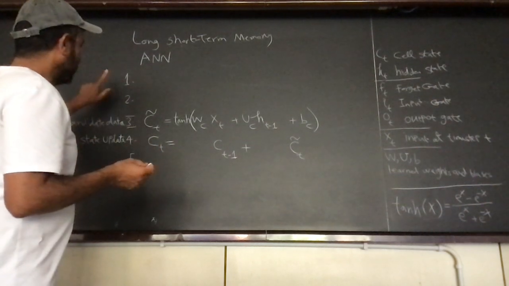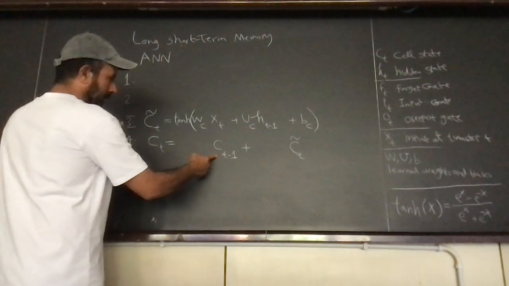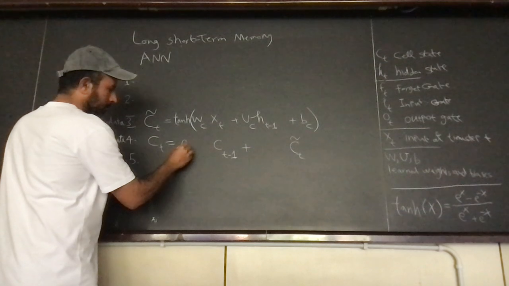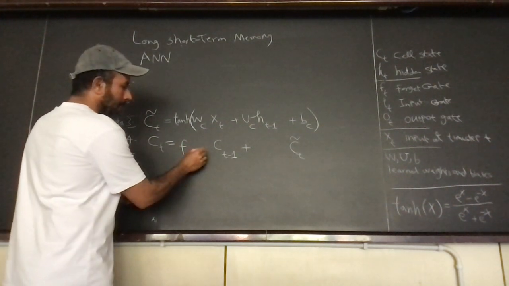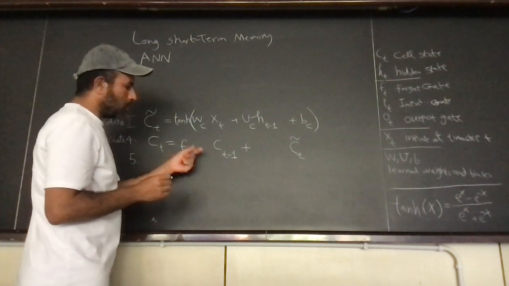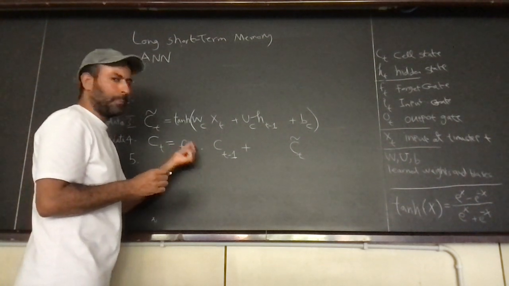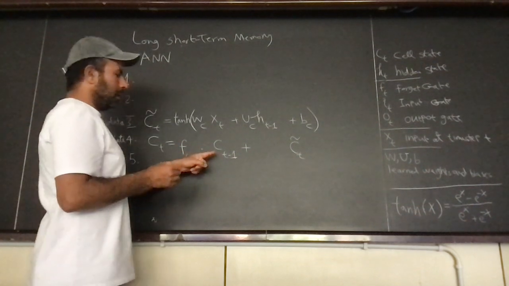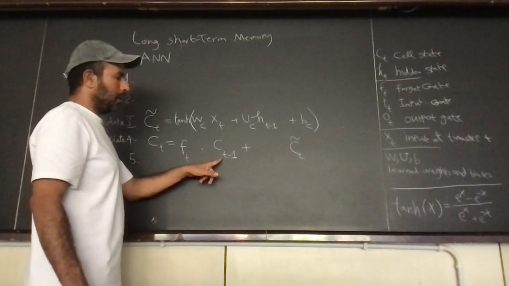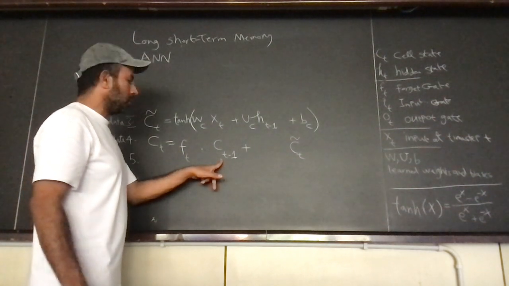We need a forget gate here, a vector at this time step, and it's element-wise multiplied with each element here in the cell state, the long memory.